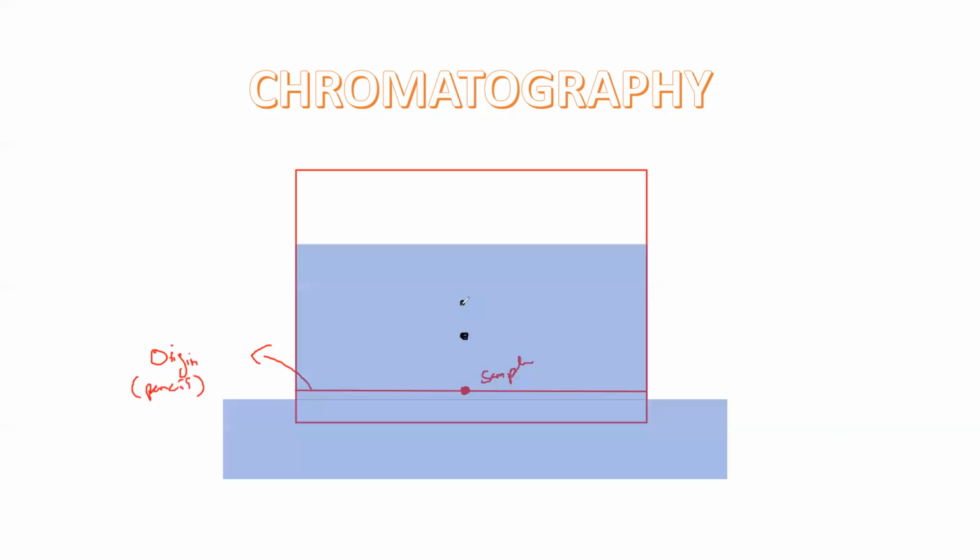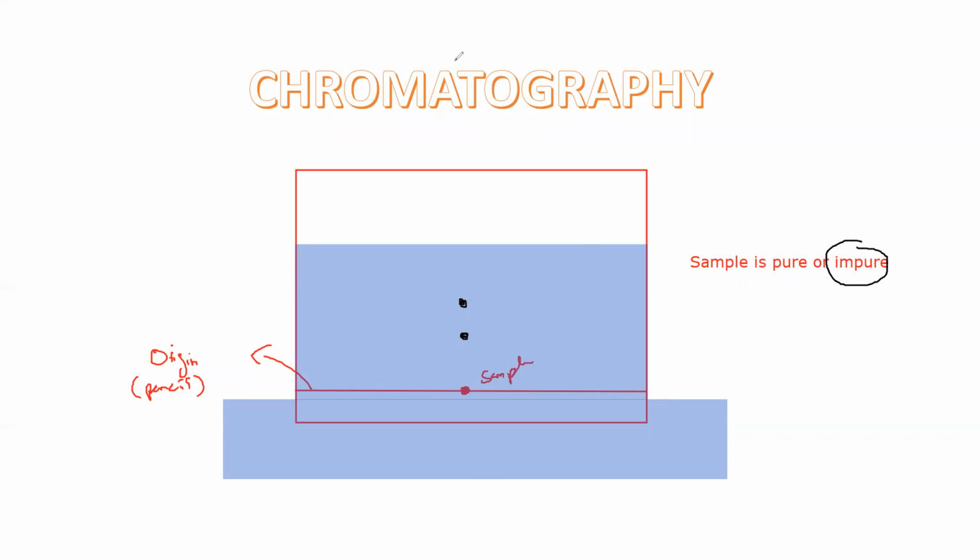So if we observe two spots, is the sample pure or impure? This sample is impure because we have more than one spot.